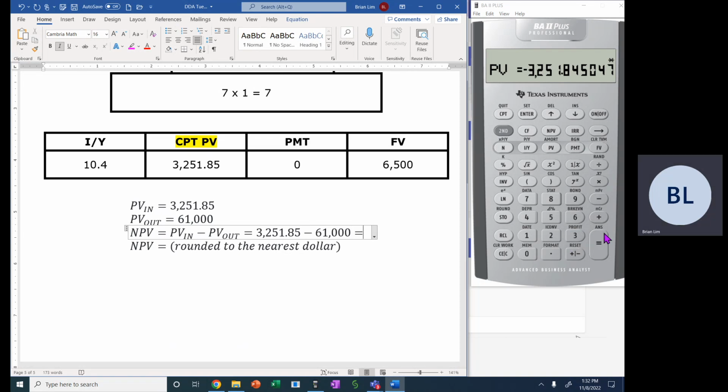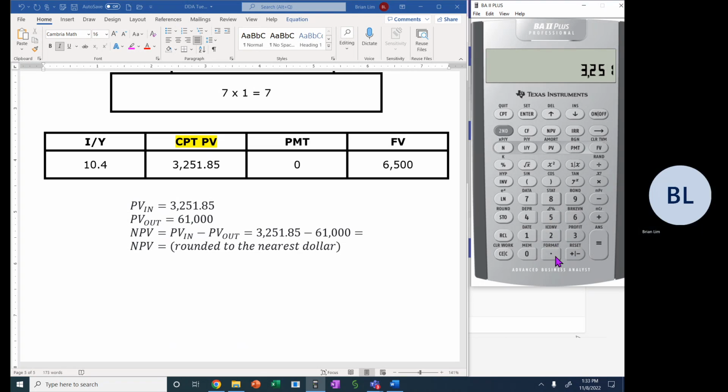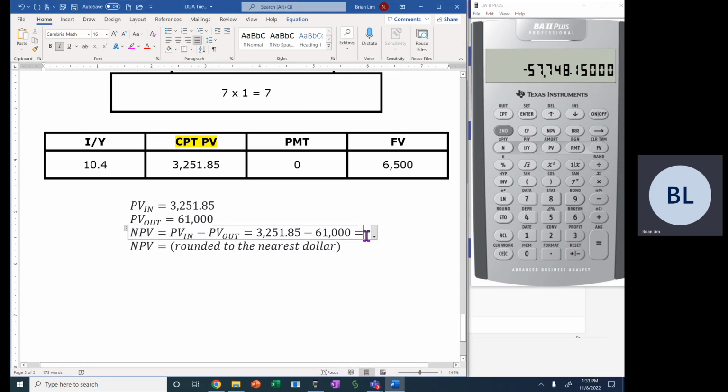So if we can make this positive, or let's just clear it and put the 3251.85, and then we subtract the 61,000. And so we get a number, and that number is what?